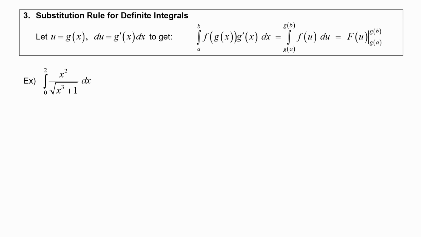We definitely want to use substitution for this integral, so let's let u be the inside of this composite function in the denominator. So u is equal to x cubed plus 1. Then du is going to be 3x squared dx.